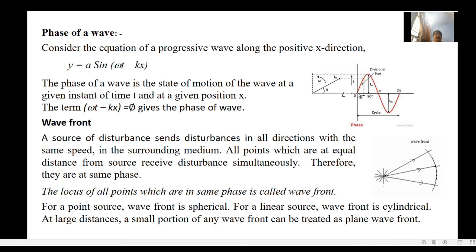Now let us consider any two particles. One is at position A and another is at this position. Then the phase difference between these two particles is taken as 90 degrees, because the phase of the particle at this point is 0 and the phase of the particle at this point is 90 degrees.